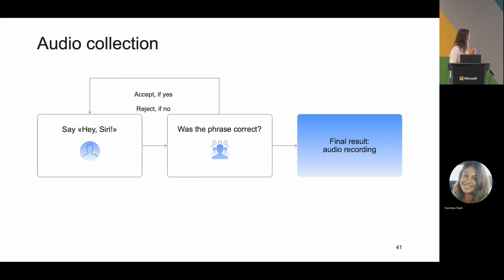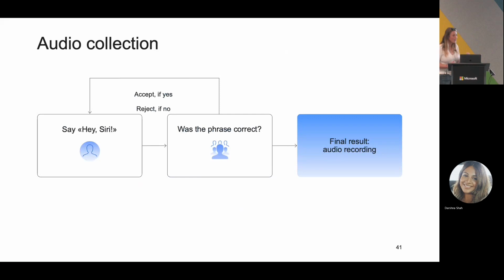And this is a pipeline we built because we work on such a bot. Imagine you want to collect the Hey Siri recordings. Actually, I forgot about one important thing. Usually in such projects, we add a validation project, and this is what this picture shows. We have a first project that tells people, hey, say this phrase, Hey Siri.